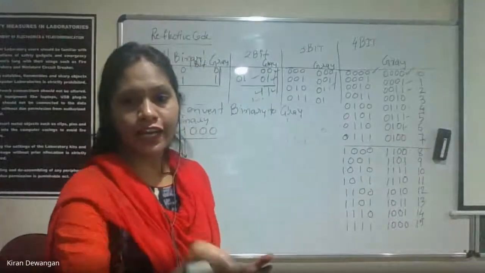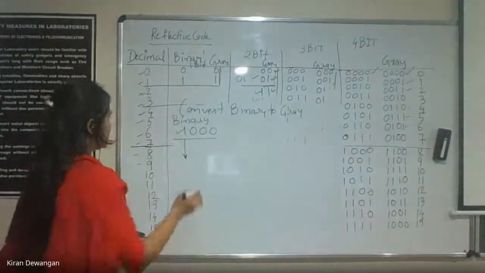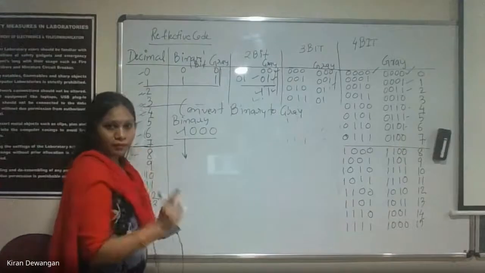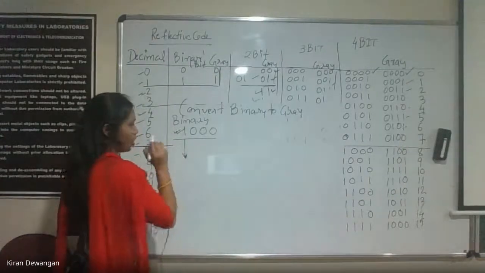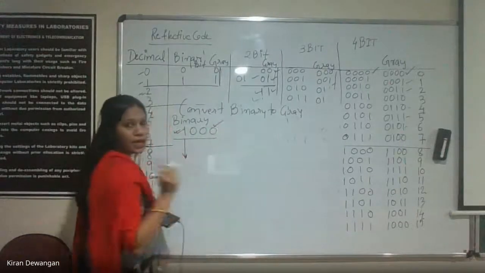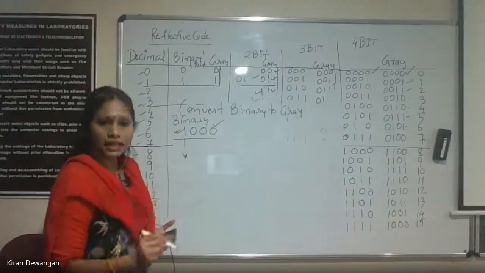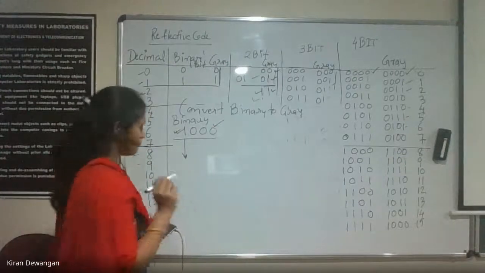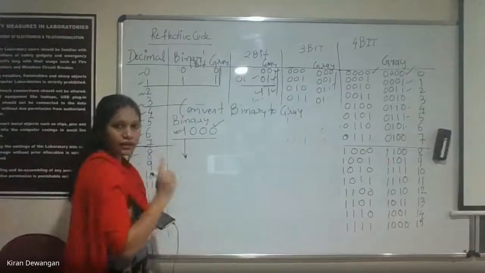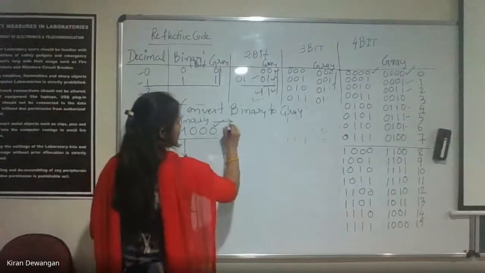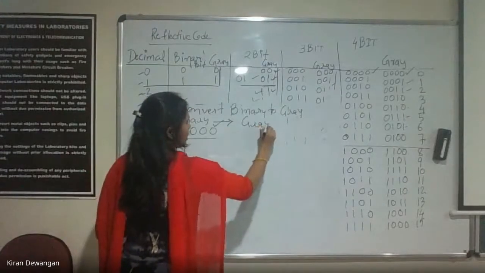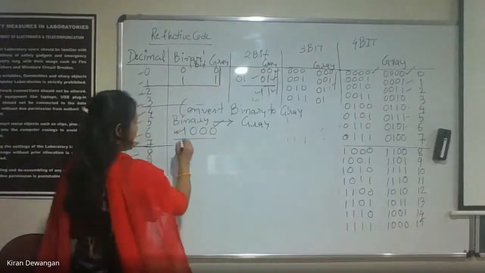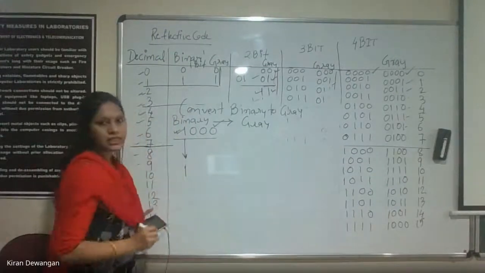Correct. This is MSB. Remember, this one is MSB always. This one is LSB, the least significant bit. Clear? Now, when we are converting from binary to gray, MSB is written as it is.